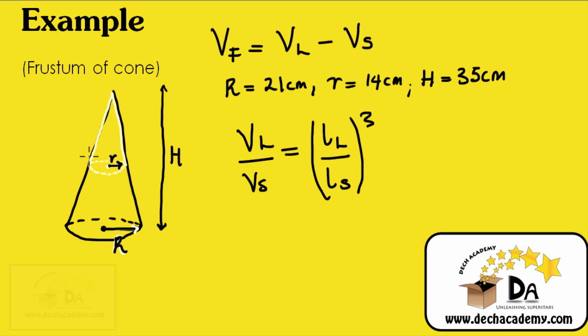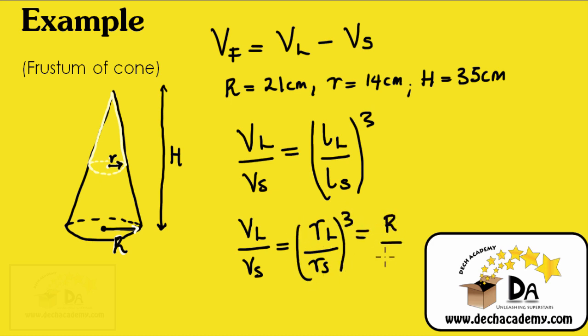What linear measurement do we have? The radius of the circular base. So the volume of the large cone divided by the volume of the small cone is equal to the radius of the large cone, which is big R, divided by the radius of the small cone, all cubed. So that's the same thing as this. Big R divided by small r, all cubed.